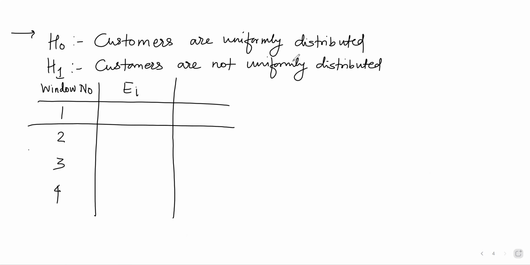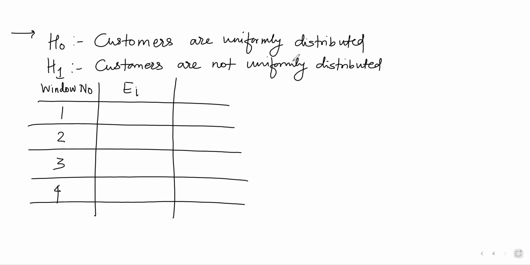If you take the total summation of EI, it has to be 800. What are the values given? It is 150, 250, 170, 230. That means it is observed data, correct?